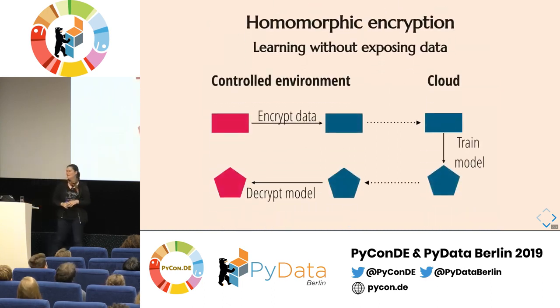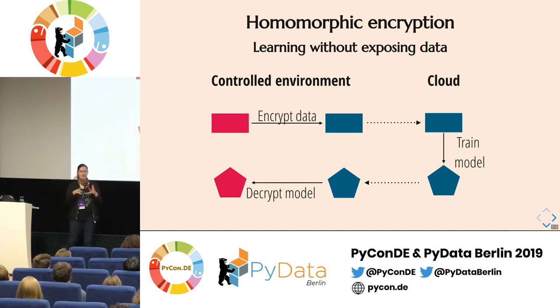Another solution is called homomorphic encryption. Homomorphism means functions which preserve operations, typically addition and multiplication. The idea is really neat because you just encrypt your data and send it to a third-party provider, and they train your model for you.